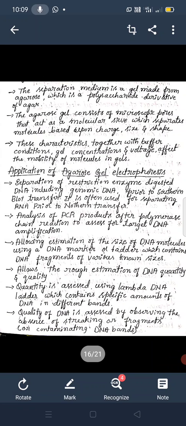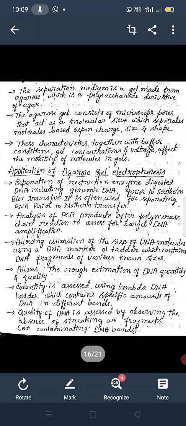It is often used for separating RNA prior to Northern transfer, and it is useful for the analysis of PCR products after polymerase chain reaction to assess target DNA amplification. It allows estimation of the size of DNA molecules using a DNA marker or ladder which contains DNA fragments of various known sizes, and it allows rough estimation of DNA quantity and quality.